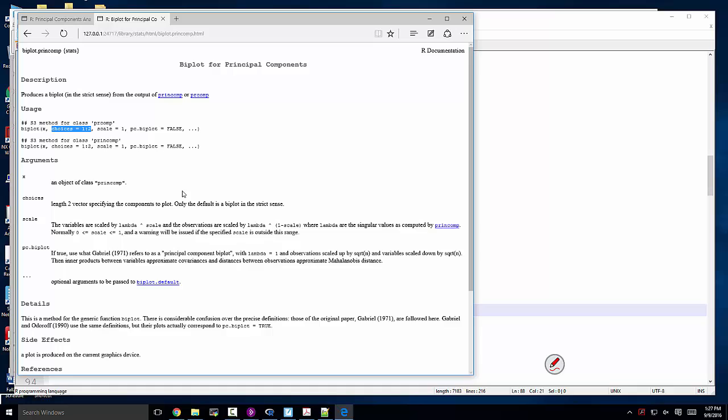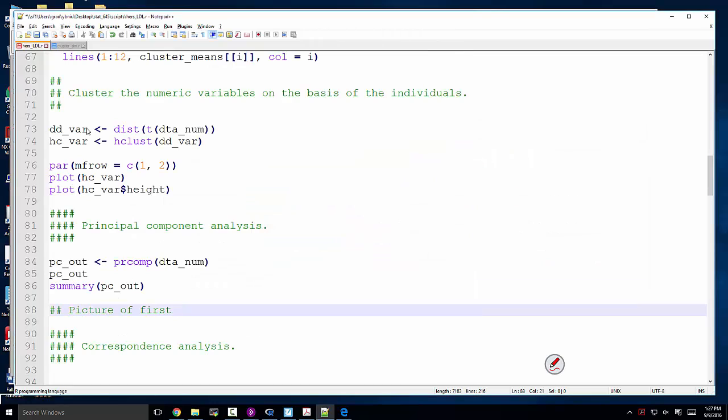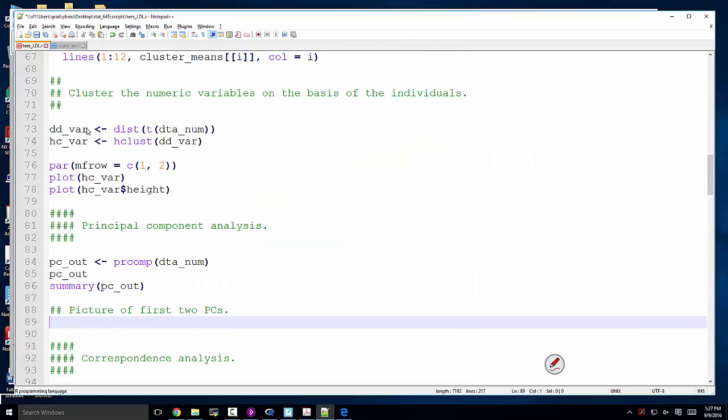Do you want the top 2 or just the top 1? I don't know what it'll do if you ask for 3 or more. We're going to ask for 2, which is the default. So let's try just the first 2 principal components.